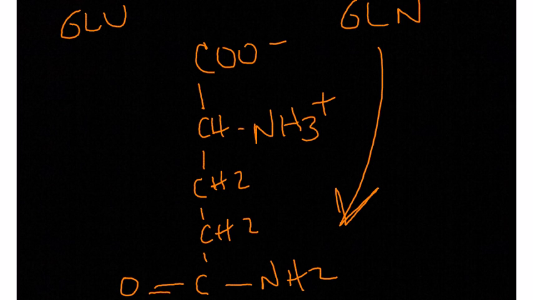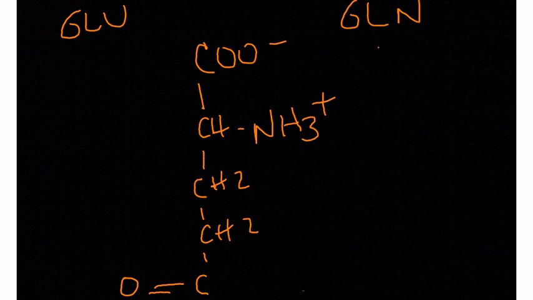So the difference is at that terminal carbon. With glutamate, there is no NH2. With glutamine, there is an NH2 group.